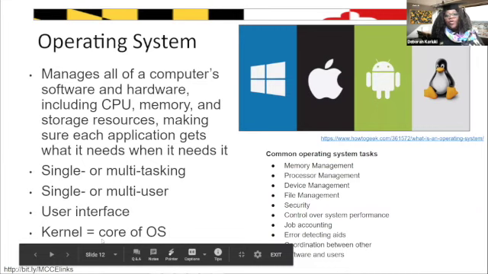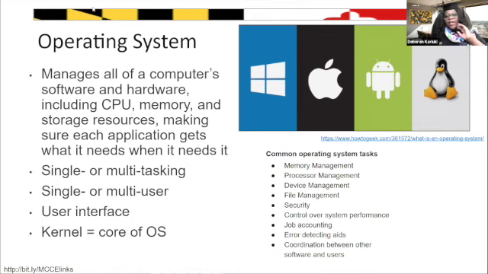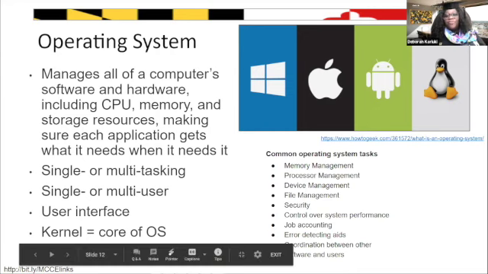But the common operating system tasks that you should know are memory management, processing management, device management, file management, and security. We didn't talk about that much the utility software, your utilities like your antivirus and all that. Those are going to deal with your security. And then control over system performance and job accounting.